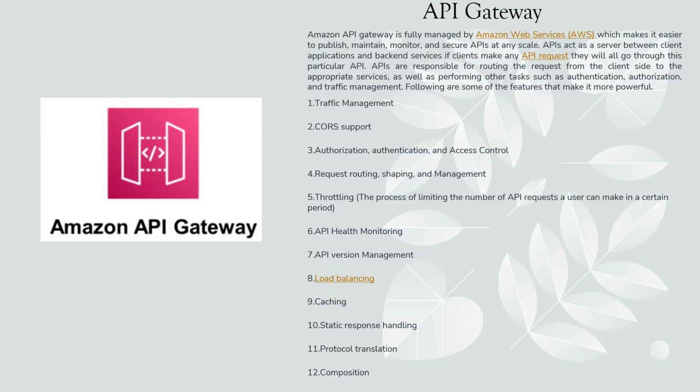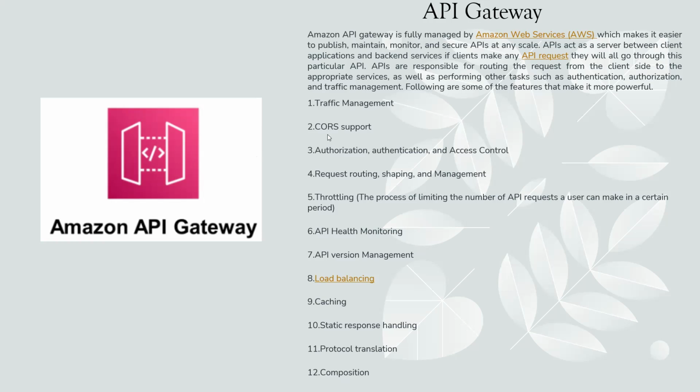If there are multiple servers, auto scaling happens automatically in the background, and the API gateway is responsible for routing the traffic to different servers.